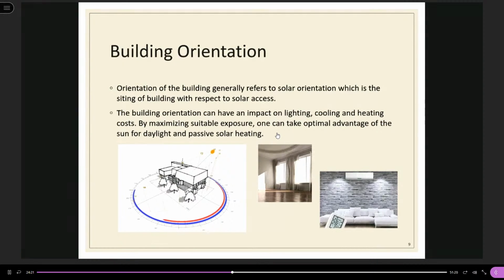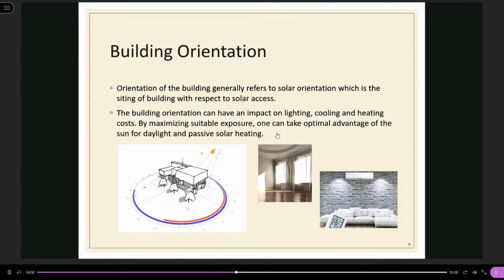Okay, I think for Hong Kong, passive solar heating is not really necessary in the winter. It is not very cold in Hong Kong, and in the summer it is very hot. So for most of the buildings in Hong Kong, we want to block the direct sunlight. But blocking direct sunlight does not mean that we want to block all the daylight. Okay, daylight constitutes sunlight and also skylight.